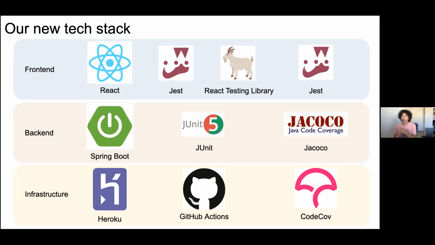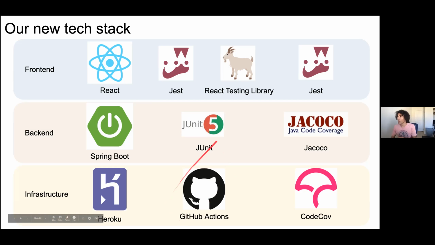So we see here on the left, again, we have our frameworks, for the front end and back end. In the middle, we have our testing frameworks. And at the bottom, we see GitHub Actions, I'd like to point out, because this is where we run all of our tests. And this is what we use as our continuous integration platform, known as CI.